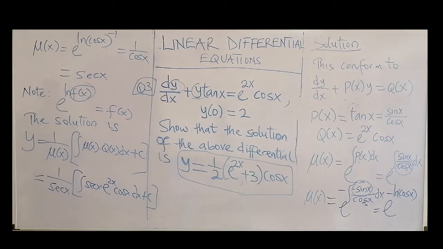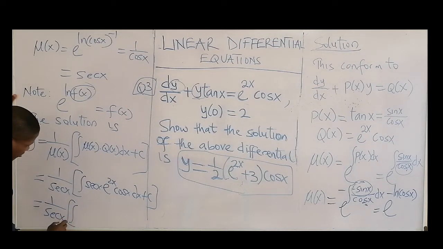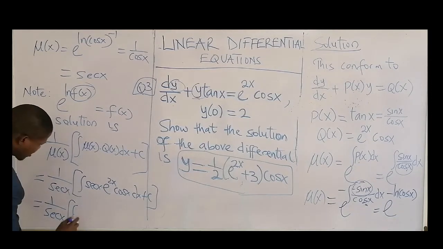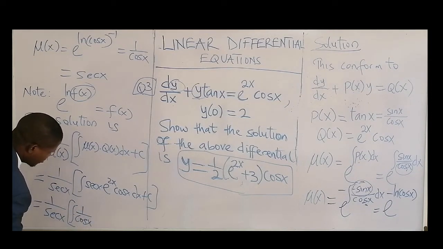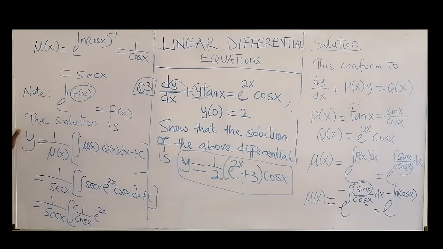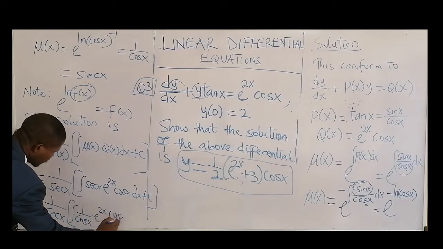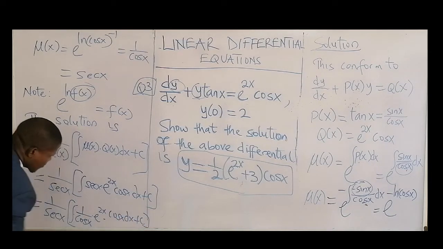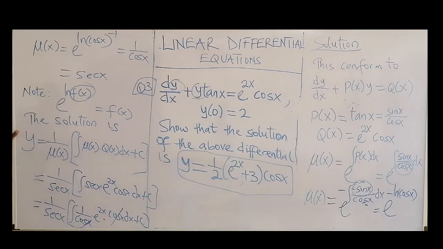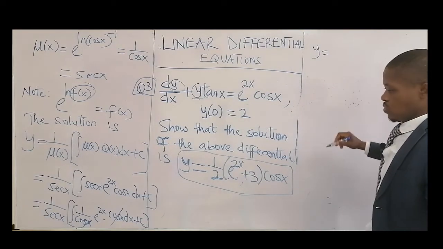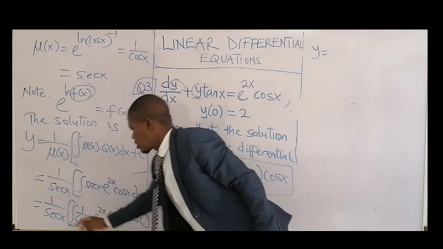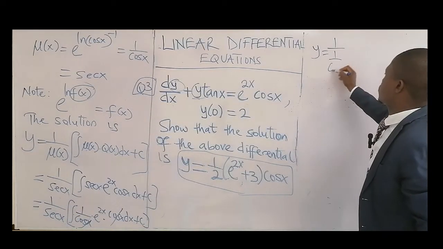So that's what we have. Then that will be equal to 1 over sec x, open your bracket, integral sec x, sec is 1 over cos x, times exponential to power 2x times cos x dx plus c. So this one and this one will cancel out. So we just have exponential to power 2x inside the integral. Y is equal to 1 over sec, that's 1 over sec is cos.